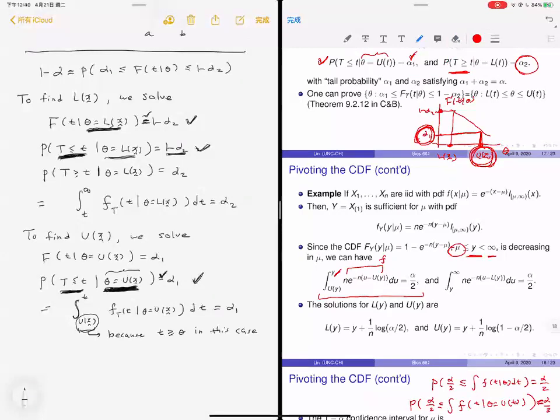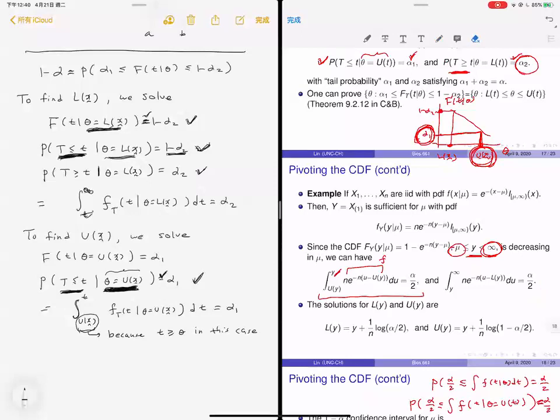Then again, if I use that alpha 2 right here, T bigger than t, it's nothing but the integral from t to infinity, because the range of y goes to infinity. And the reason why this is infinity is alpha divided by 2, or alpha 2 right here, it's okay. Let me write it here.